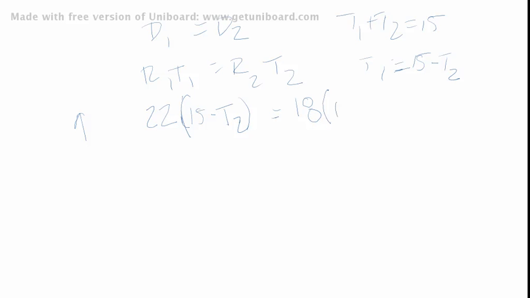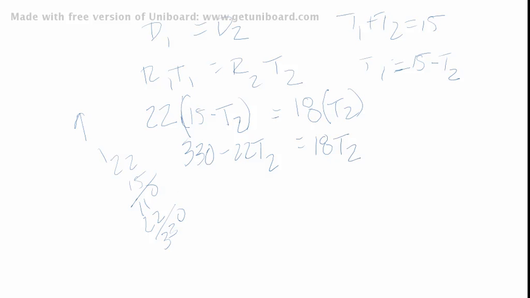So now we solve for t2. 22 times 15 is 330. 330 minus 22t2 equals 18t2, and I'm just doing algebra steps here. Add this to both sides because I want to combine like terms, and that means that 330 has to be equal to 40 t2.